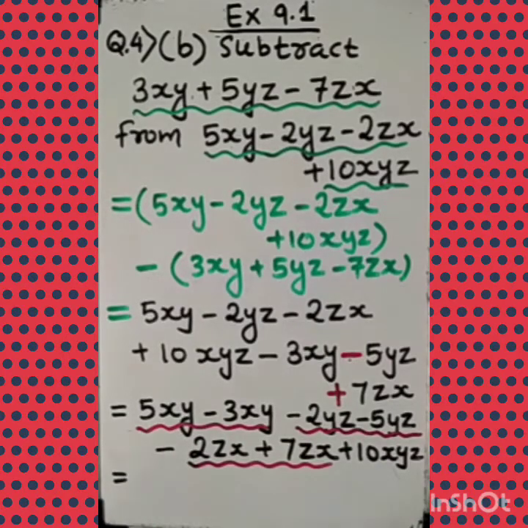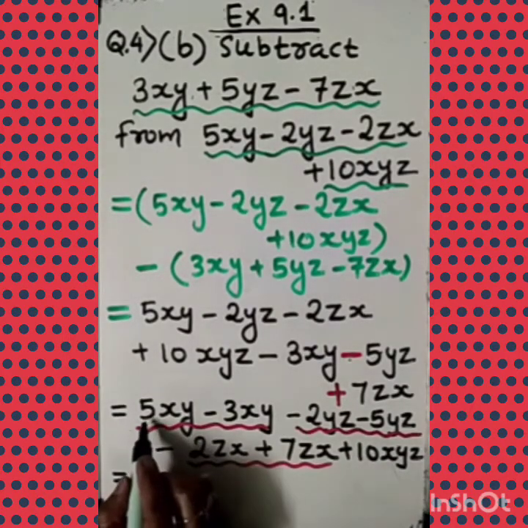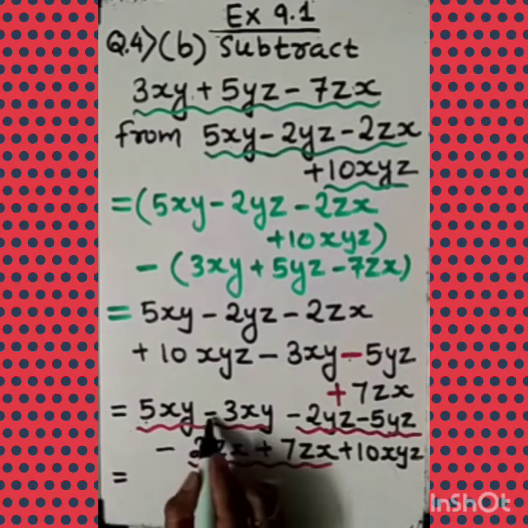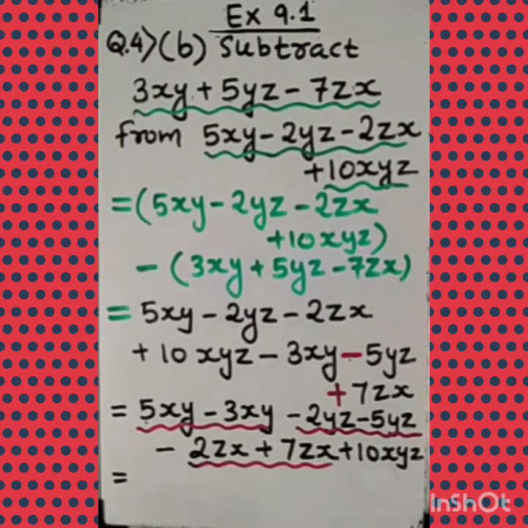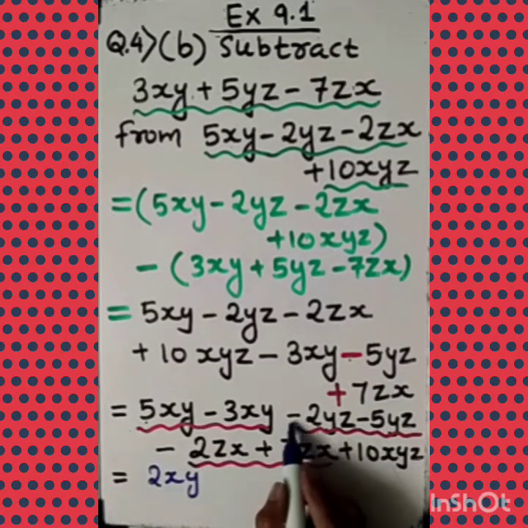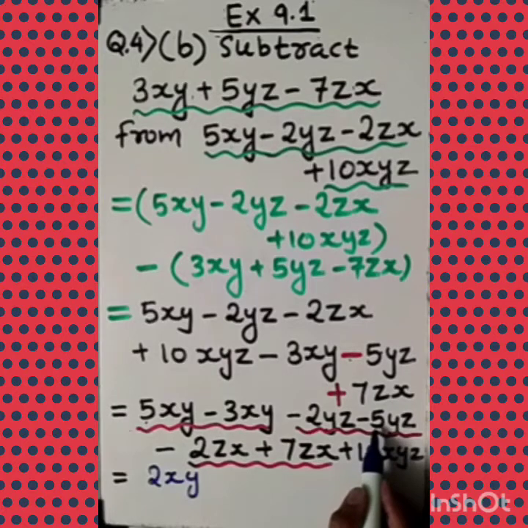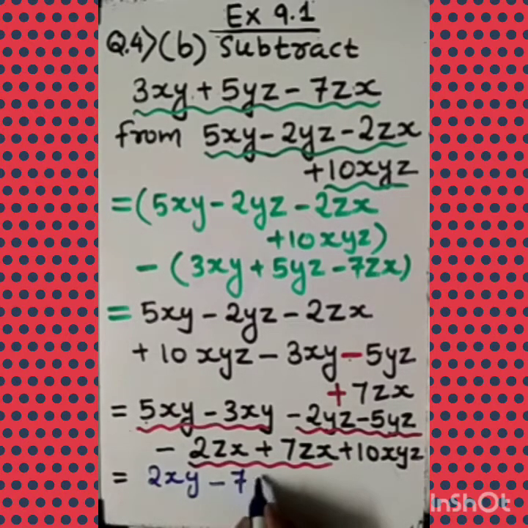Now work out on their coefficient. 5 minus 3, it is 2xy. Minus 2 minus 5, minus 7.